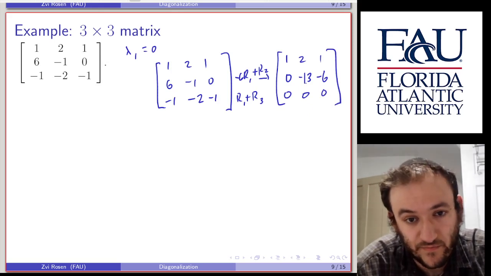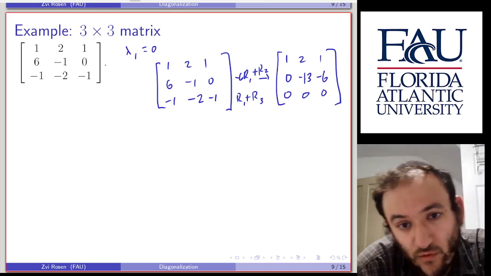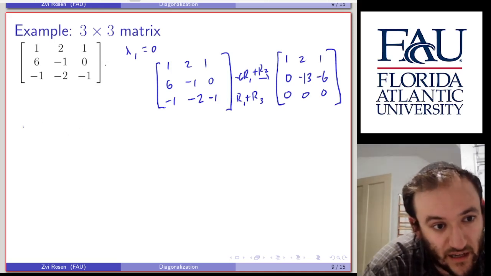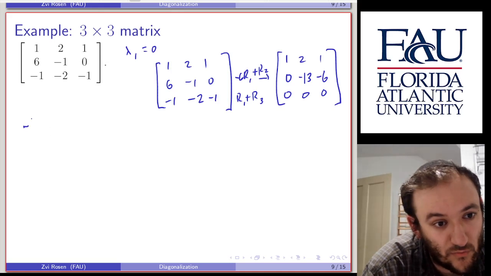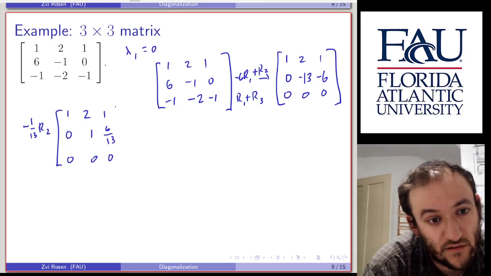Let's do Gauss-Jordan and eliminate above the -13. We first do -1 over 13 times row 2, which gives [1, 2, 1; 0, 1, 6/13; 0, 0, 0].